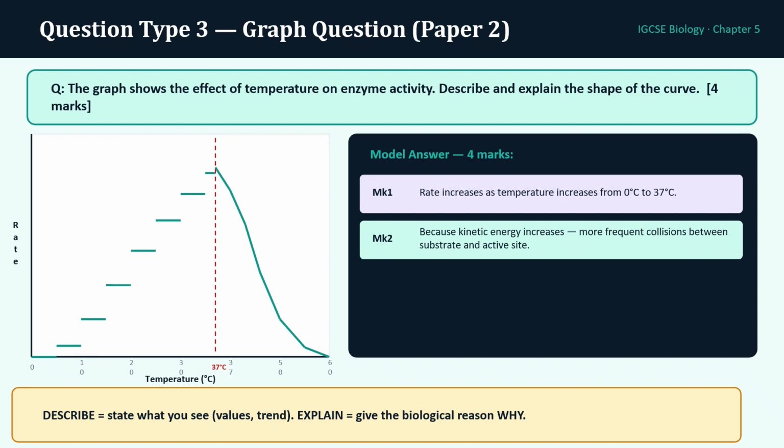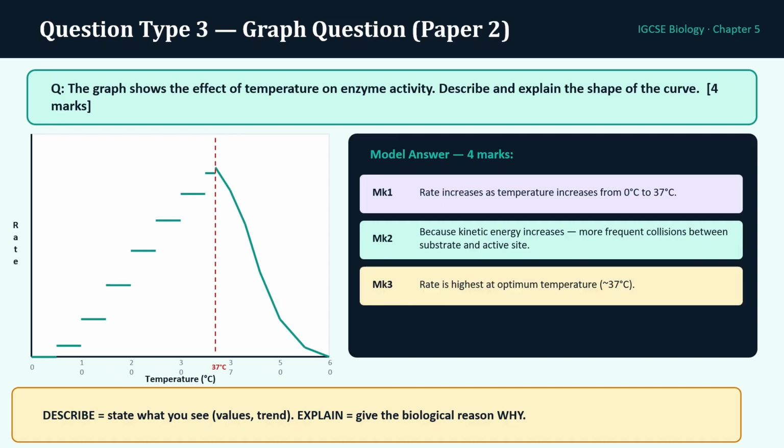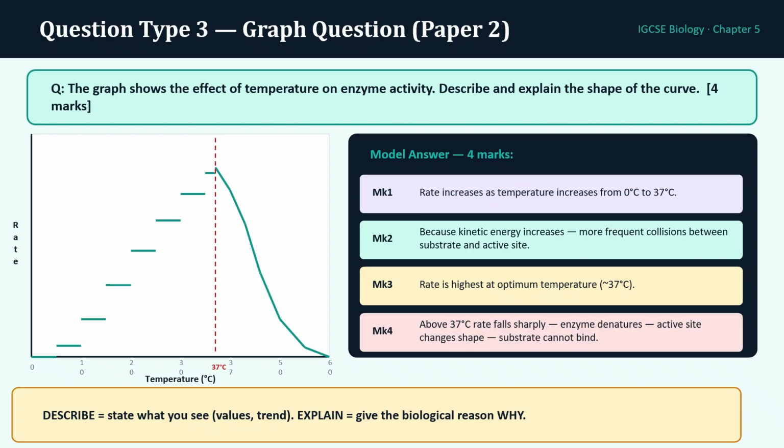Mark 2. Explain the rising section. Because kinetic energy increases, there are more frequent collisions between substrate and active site. This is explain, the biological reason. Mark 3 is describe the peak. Rate is highest at the optimum temperature, around 37 degrees centigrade. Mark 4. Describe and explain the fall.